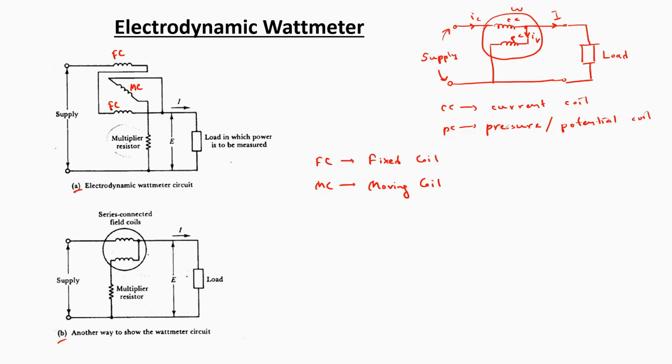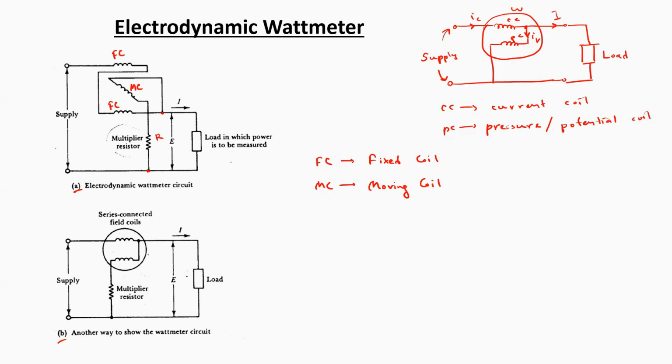So the fixed coils are actually working as the current coil of the wattmeter. Now, how is the moving coil connected? One of the terminals of the moving coil may be connected at the node where one of the terminals of the load is connected, and then the moving coil connection can be completed through a multiplier resistor R to the other terminal of the load.